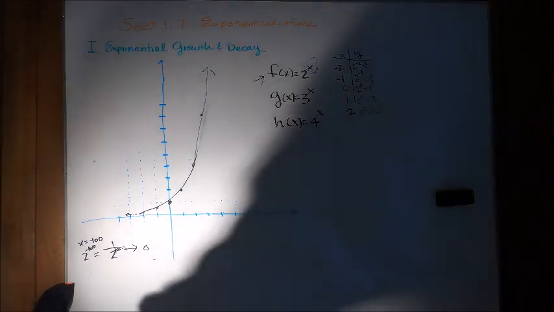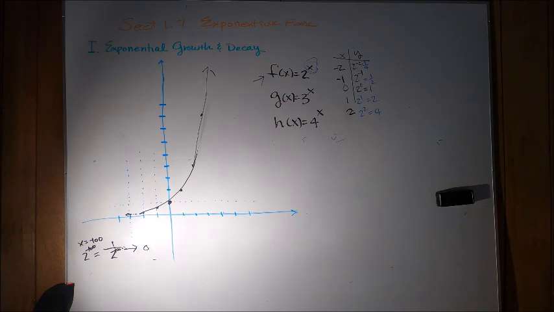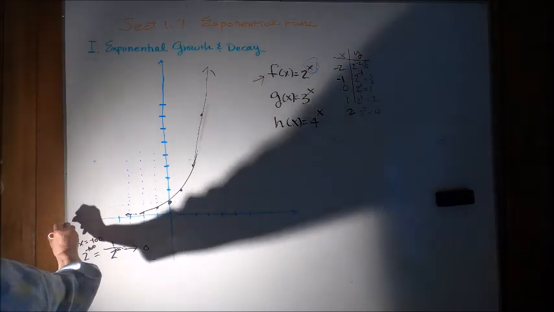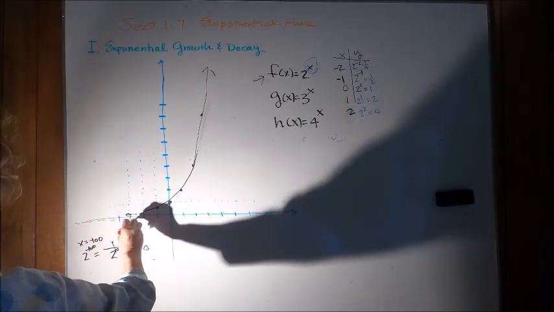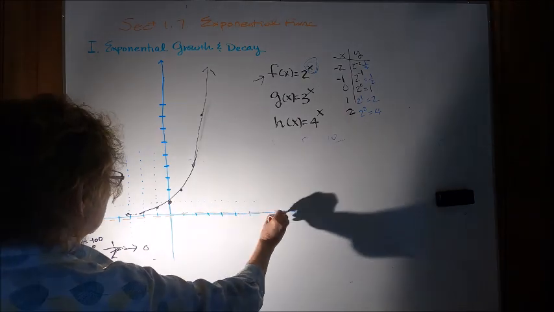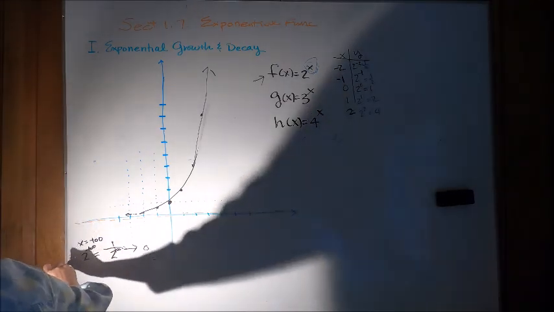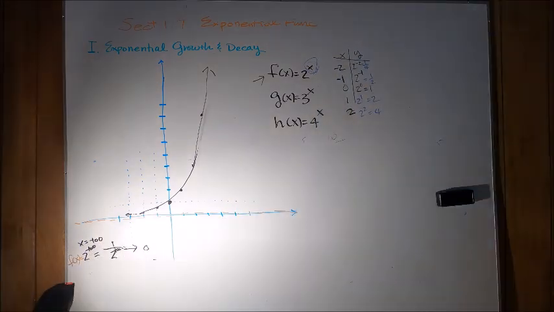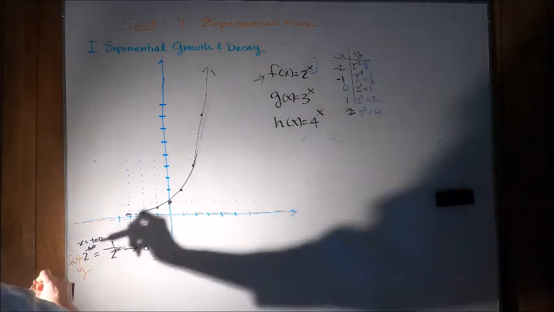So what happens is you will approach this line, x, that's your y. The number, this is your f of x. Actually, it's your y.